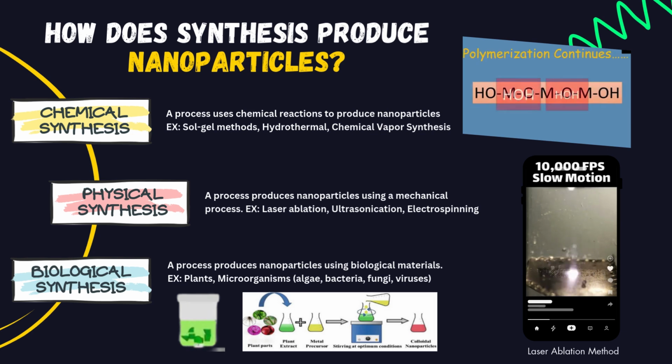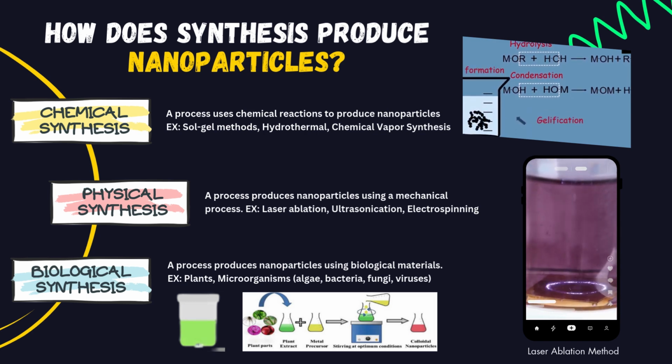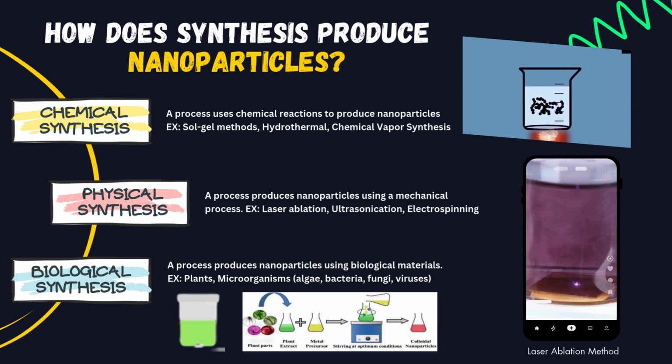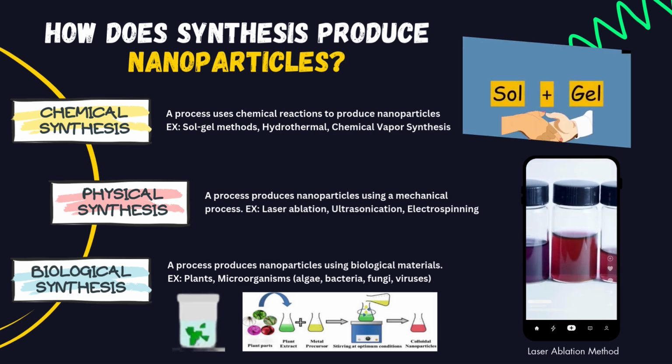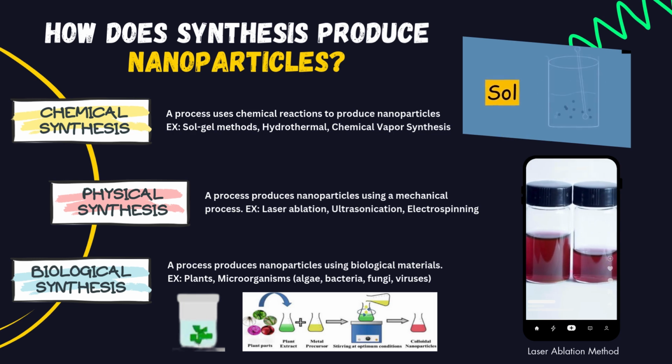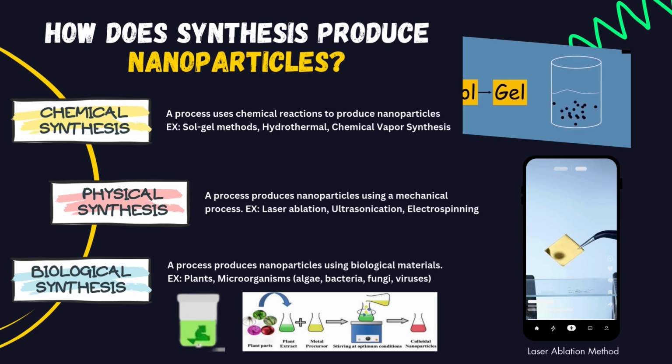Biological synthesis is a process that produces nanoparticles using biological materials, such as plants and microorganisms, which include algae, bacteria, fungi, and viruses. So, how does the biological synthesis method operate? First, we extract the plant extract or use microbial cultures.